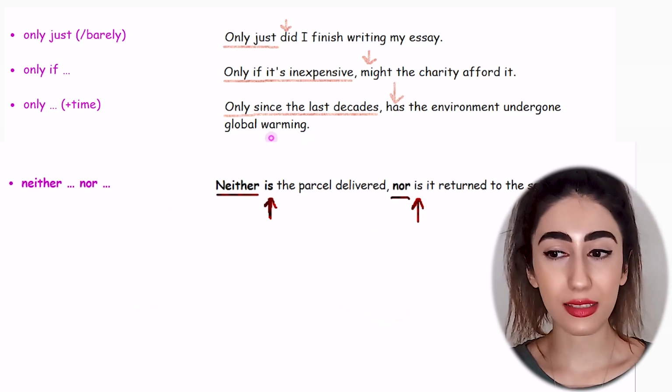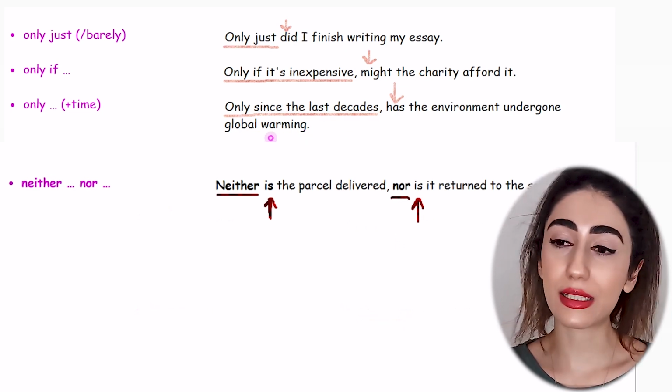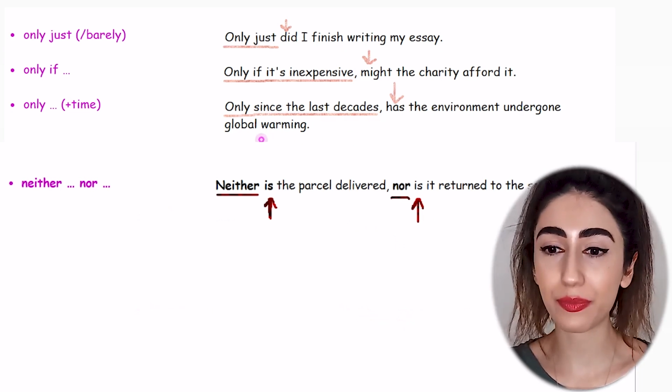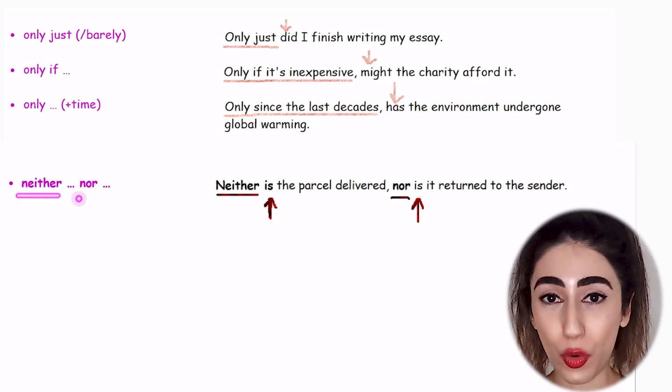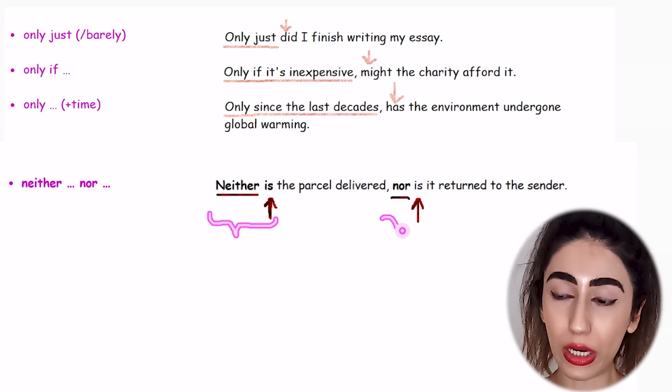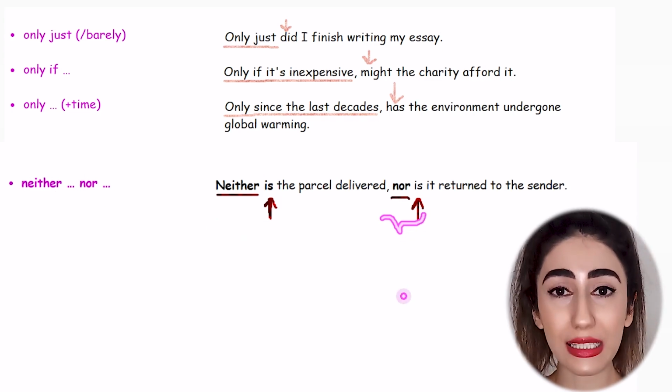Only since some time, only since, for example, a date, then we have the inverted sentence. Another favorite structure of mine, and as I can imagine, many others' favorite form, neither nor. Neither is the parcel delivered, nor is it returned to the sender.